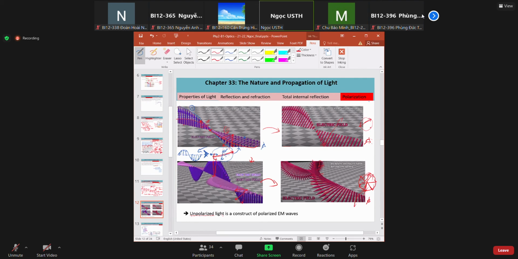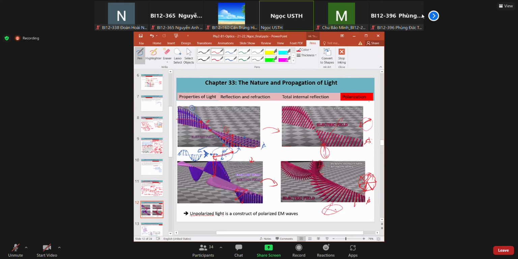You understand? In this part, first you have to know what polarization is. Okay, and you have to understand why they plot it like this, why they have this figure. It's so weird. Okay, in fact there is another kind of unpolarized light, not a circle like this, but an ellipse like this.